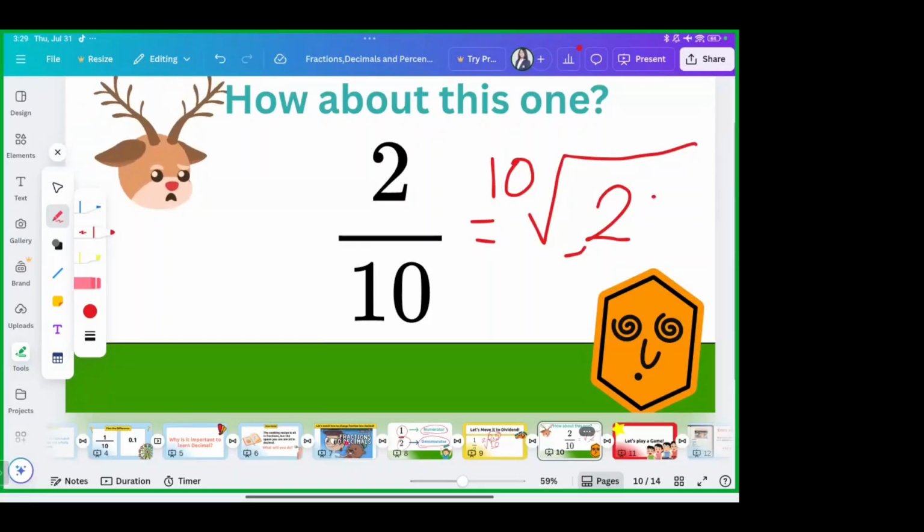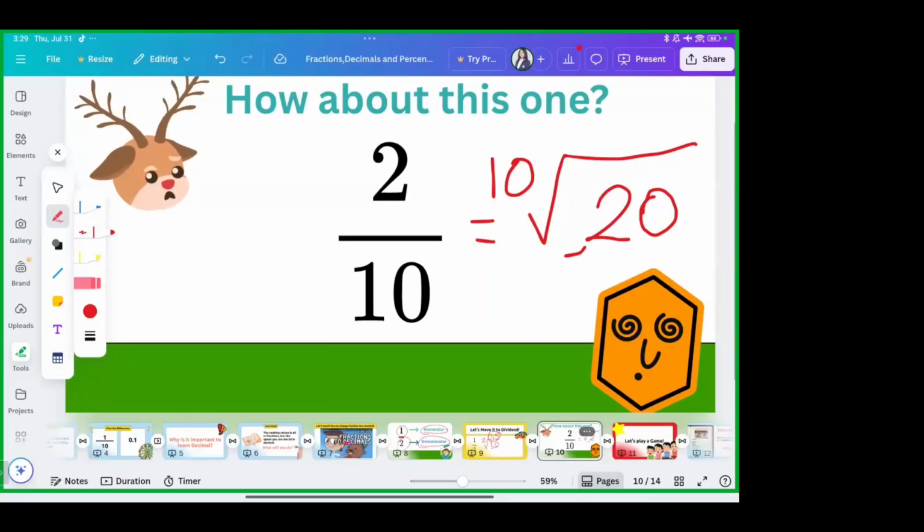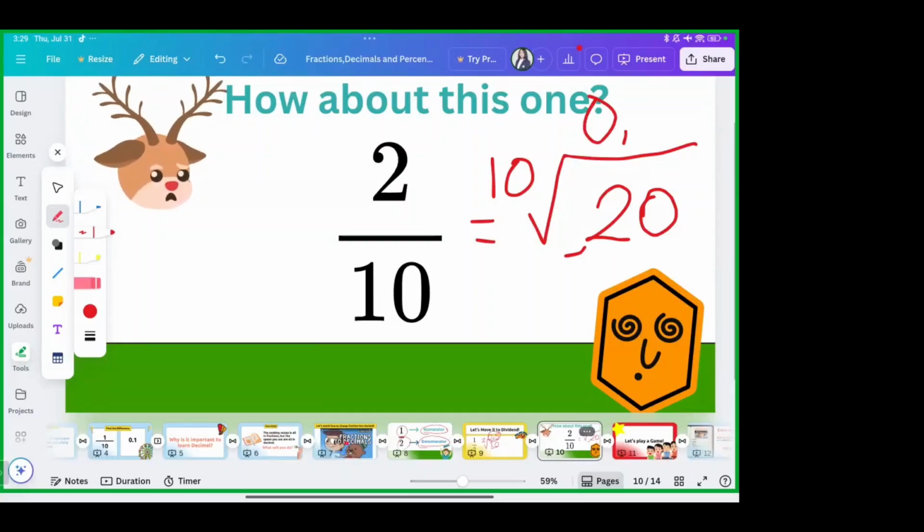Now, we need to put 0 beside the 2. And then, can we divide 20 by 10 right now? Yes, Miss. So, how many? 2. Okay, cool.